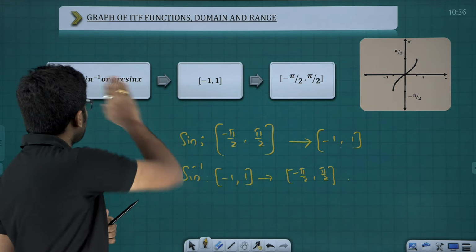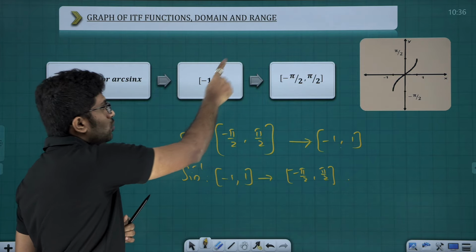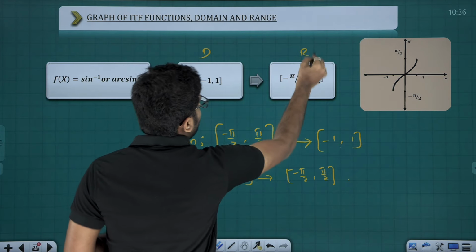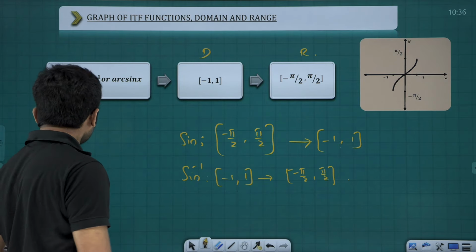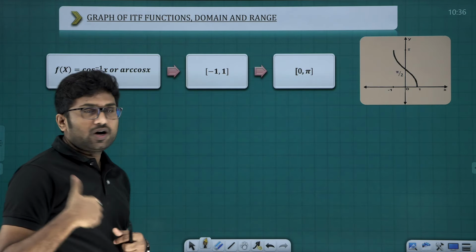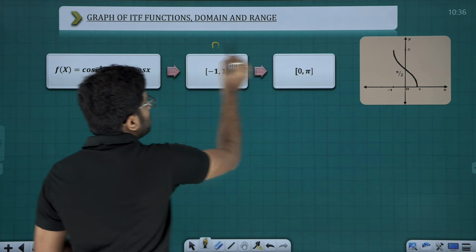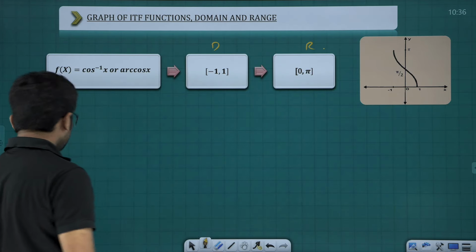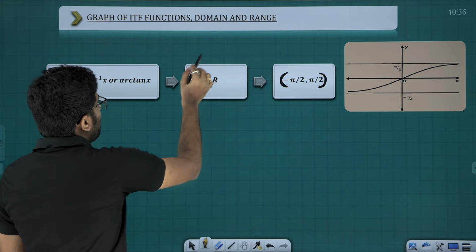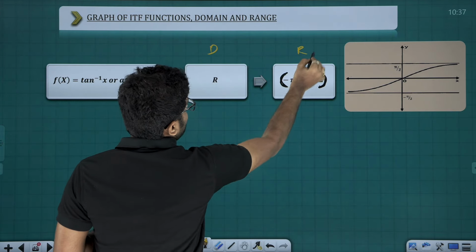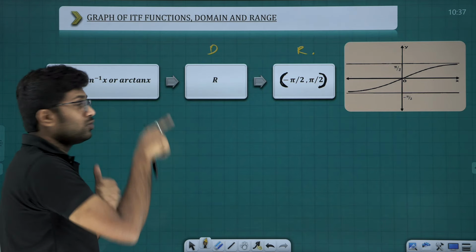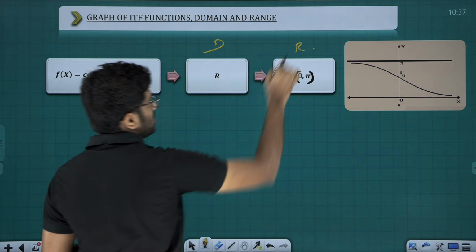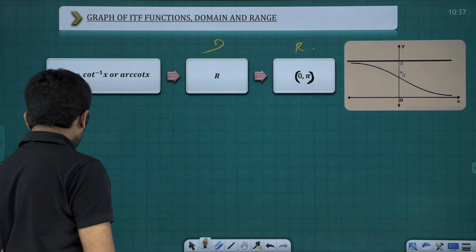So the first function is sine inverse, domain −1 to 1, range is closed −π/2 to π/2. This is the domain, range, and graph of that. Cos inverse x or arc cos x, domain, range. The range of cos inverse x is closed 0 to π, graph of that. Domain of tan inverse x, range of tan inverse x is open −π/2 to π/2. Domain of cot inverse x, range of cot inverse x is open 0 to π.